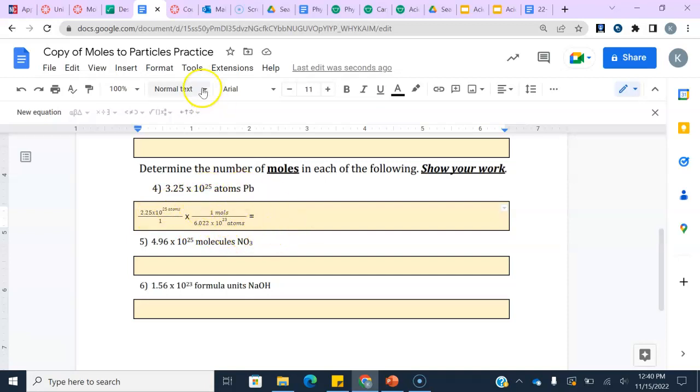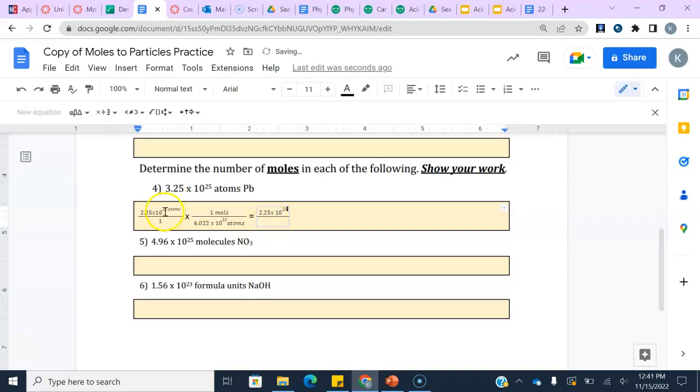But this is a little bit different now because we're going to have to divide, right? So let's go ahead and type it so we know. So we're going to have 2.25 times 10 to the 25th.